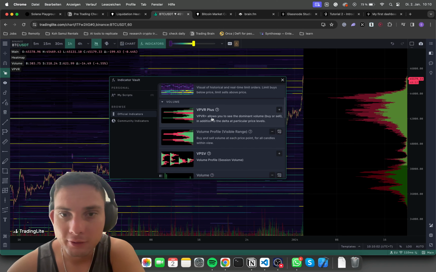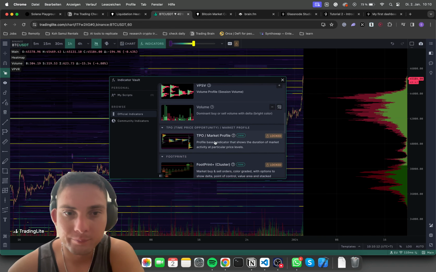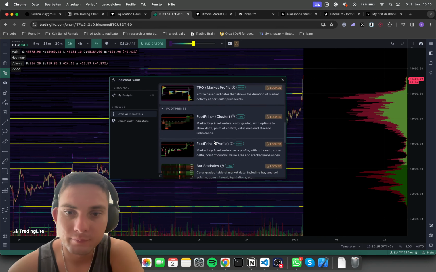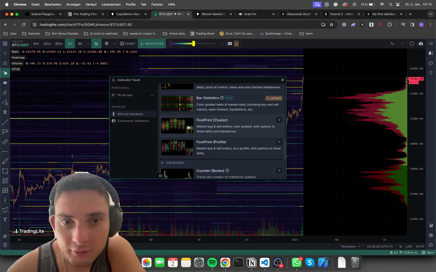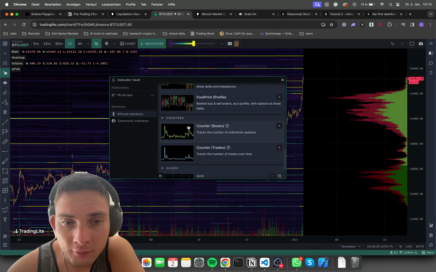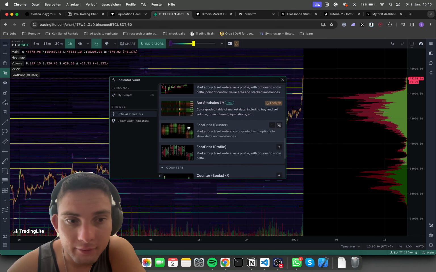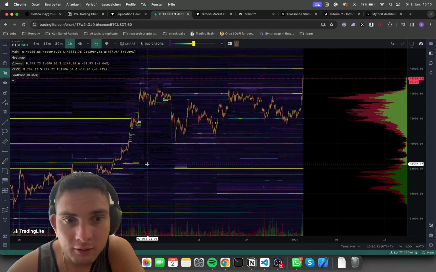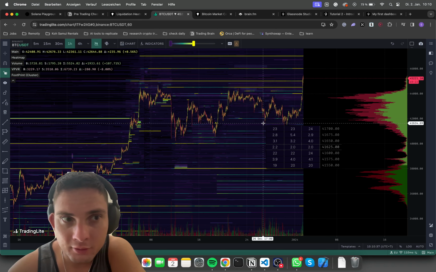VPVR Plus allows you to see dominant volume, buy or sell, in addition to the data in a particular volume profile, session profile. Okay, these are all locked now. Yeah, footprint cluster. This is something I have seen and I would like to understand deeper. So this hasn't changed anything in the chart. No, I just don't see it.